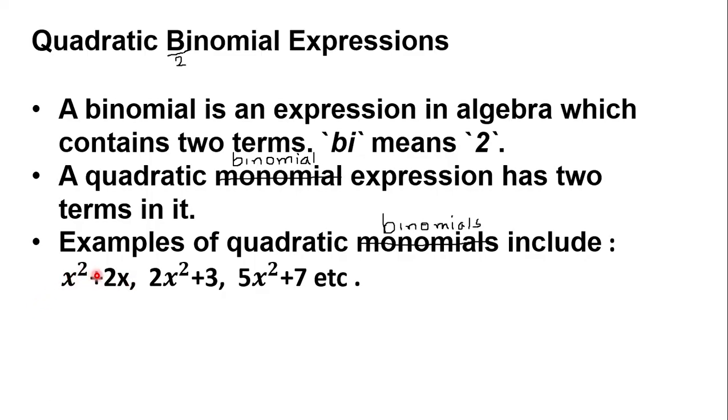So x squared plus 2x is a binomial. Why are we saying that? Because it has two terms. 1, 2.